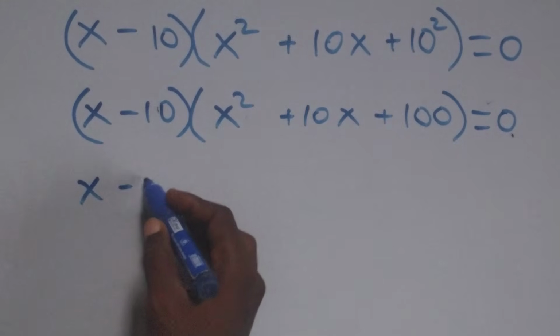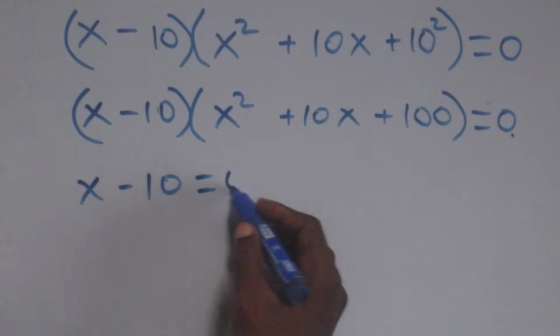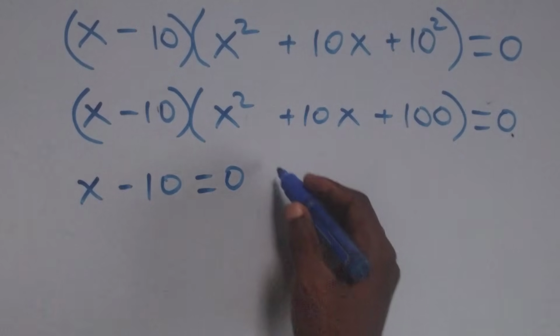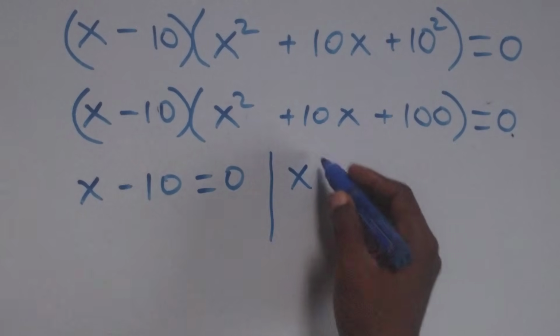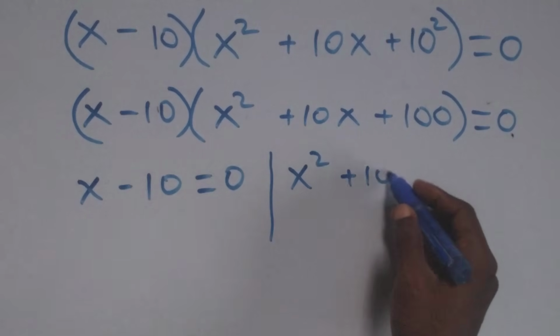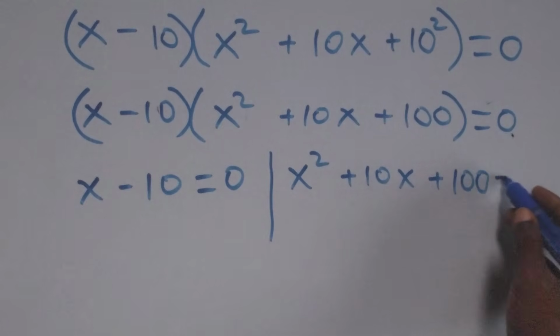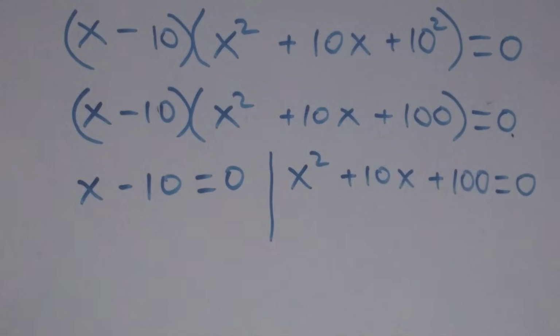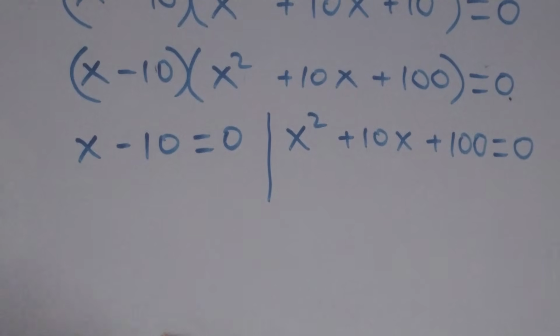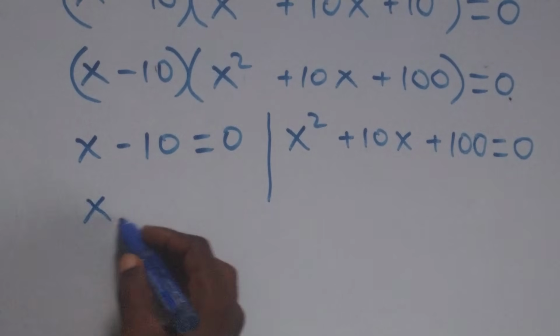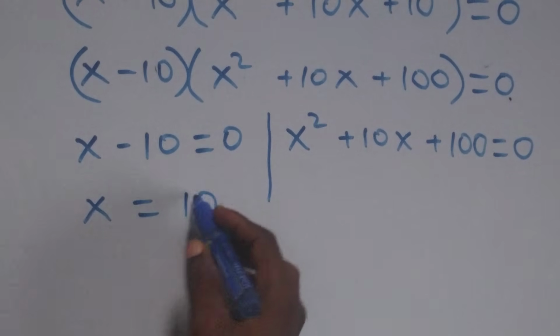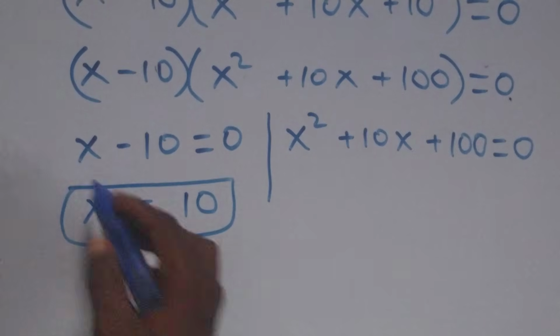First one, x minus 10 equals 0, or we have x square plus 10x plus 100 equals 0. Solving from here, this gives us x equals 10, which is a real solution.